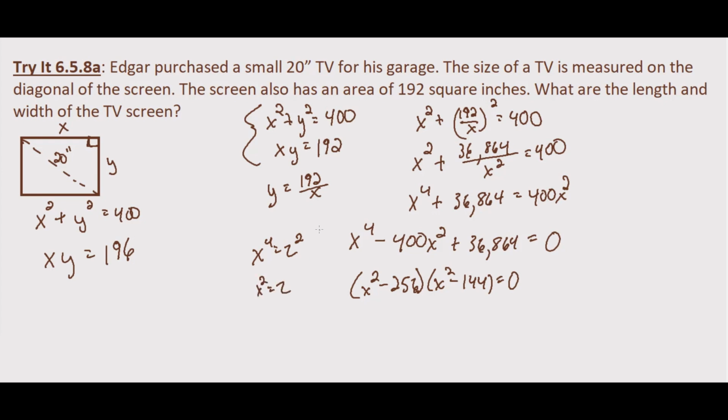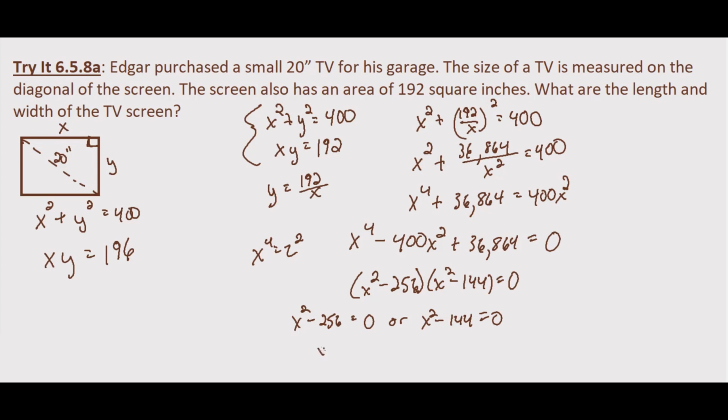And then you could solve it like you would a normal quadratic by substituting into the quadratic formula. But in this case, we are assuming that we recognize that it factored into x squared minus 256 and x squared minus 144. That means x squared minus 256 equals 0, or x squared minus 144 equals 0.